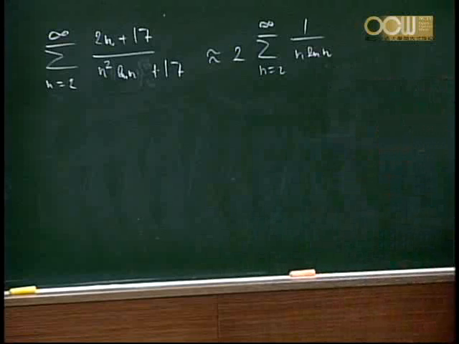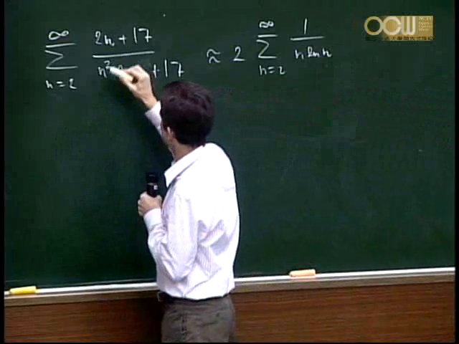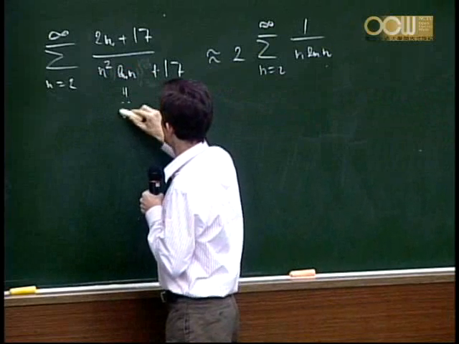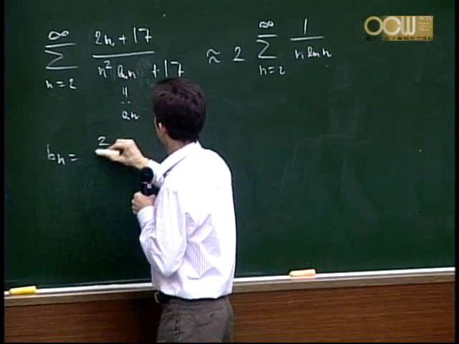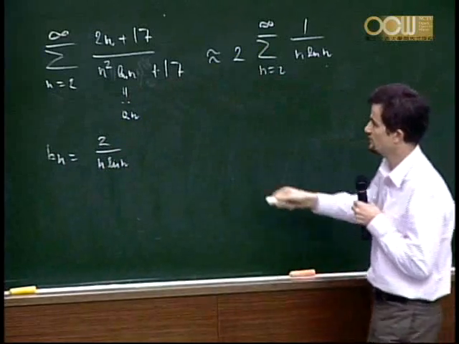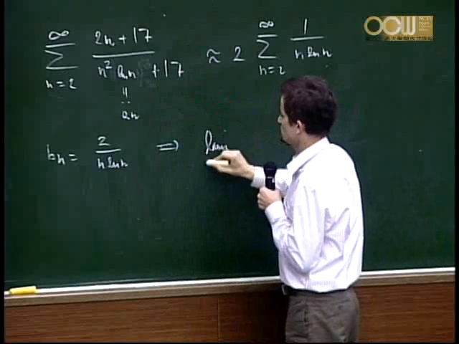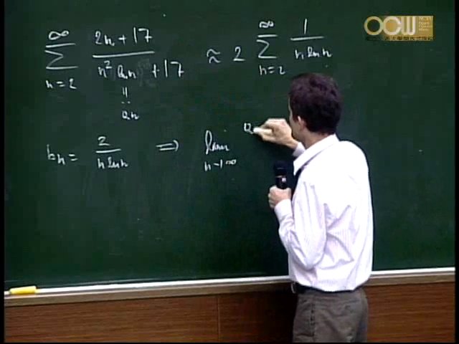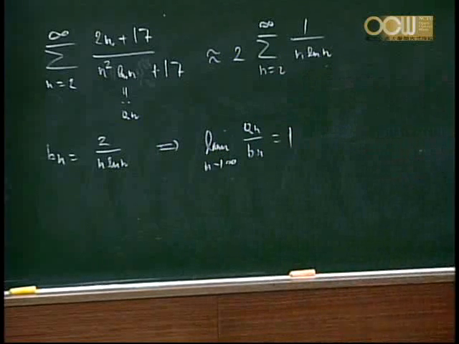Okay. Now to make this precise, you define this here, you call this here an. You define bn as 2 over n log n, and you easily figure out, because the reasoning which I just told you precisely means that this limit here is equal to 1.